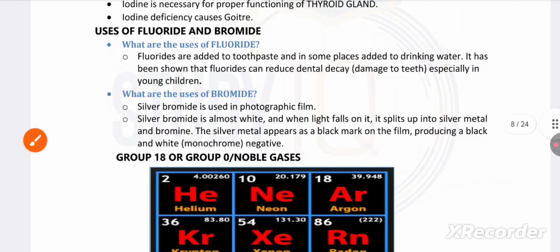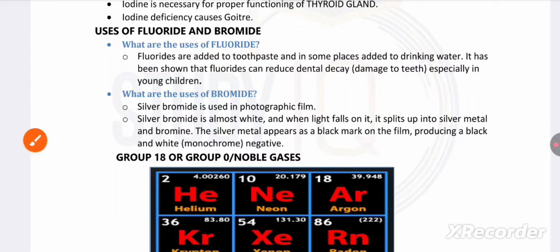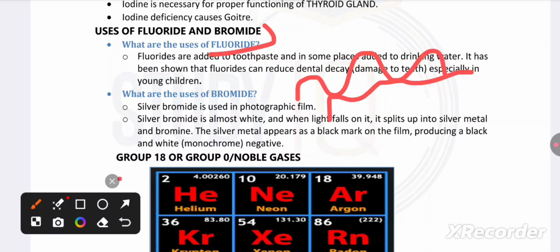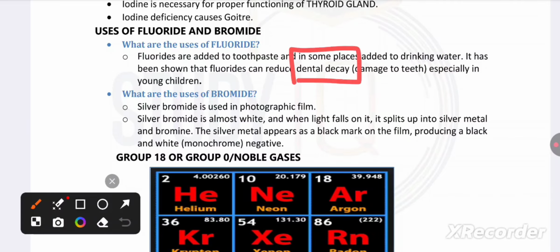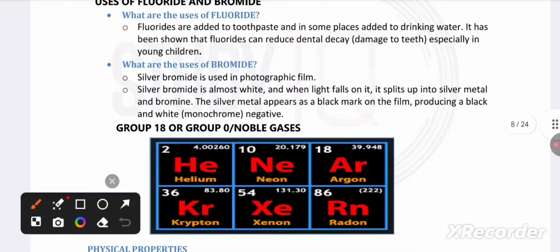Then fluoride and bromide. Fluoride is added to toothpaste; our toothpaste is like a jelly-like thing, that's why fluoride toothpaste. It prevents dental decay. Bromide is used in photographic film, very important.